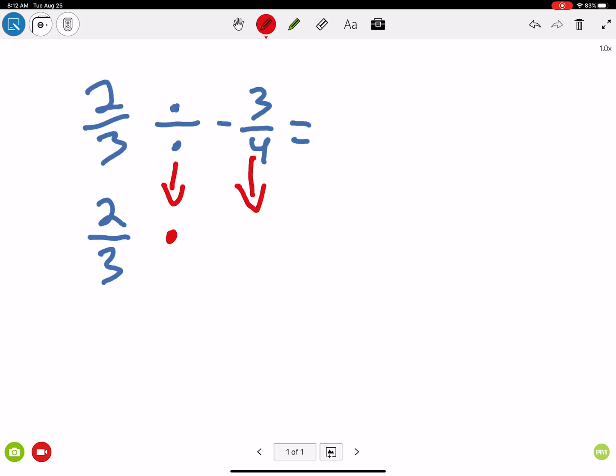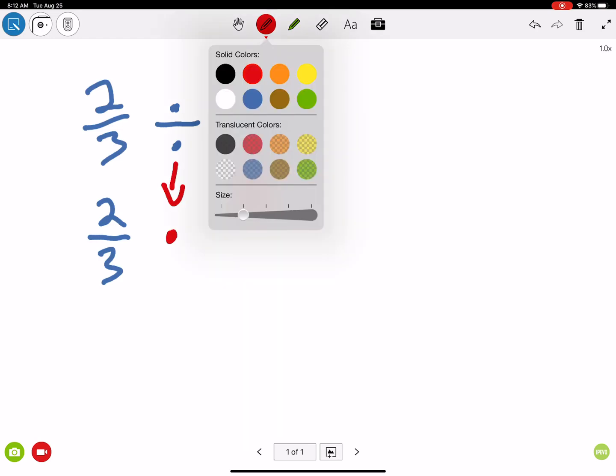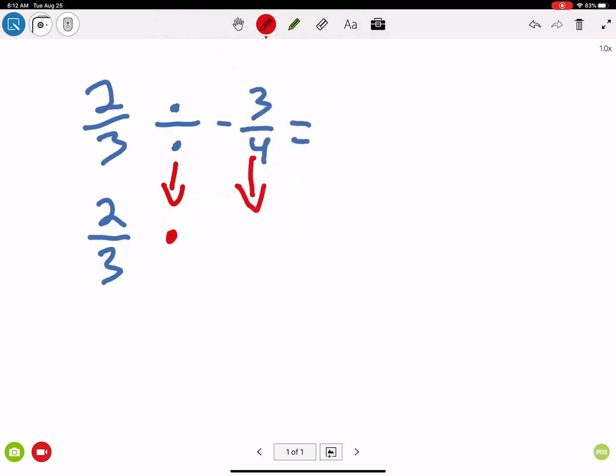Remember, a reciprocal just means that you're going to take the fraction and flip it, okay? So if it's negative 3/4, it's now going to be negative 4/3. The reciprocal of 3/4 is 4/3, and since it was negative, the fraction is going to stay negative.